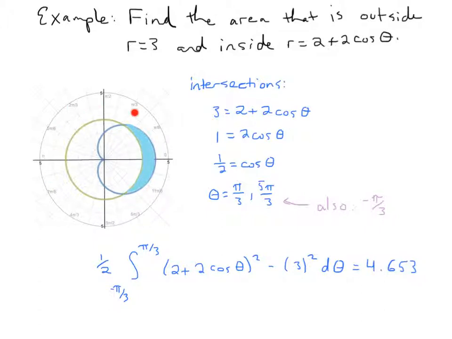So I need to go this direction, but my integral will always take me from the lowest to the highest, counterclockwise around the circle. So I need another way to represent 5 pi over 3 that will make me go this way. And I know that the coterminal angle with 5 pi over 3 is negative pi over 3 because I'm going negative pi over 3 in this direction.